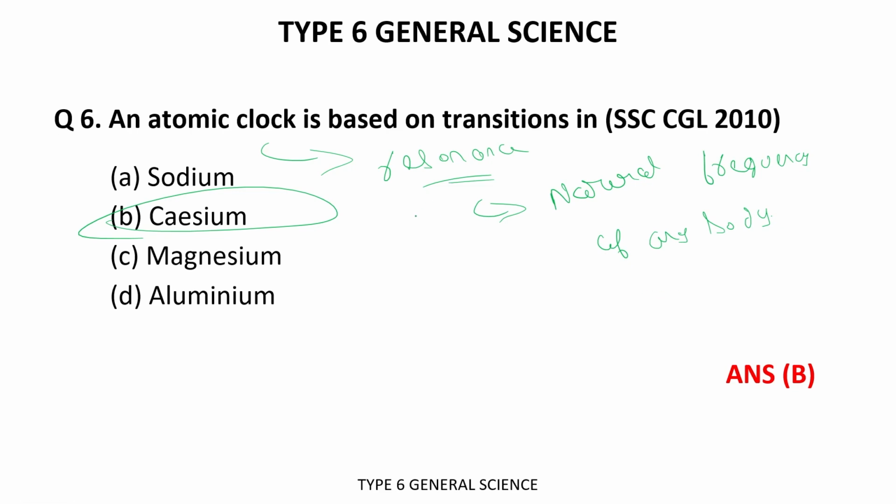So resonance is basically the phenomenon when the natural frequency of one body gets matched with the natural frequency of another body. Okay. So in the atomic clocks, the calcium atoms are used to match their frequency or resonance together to be used as a clock. Okay. So remember, atomic clock basically uses the calcium. All right.